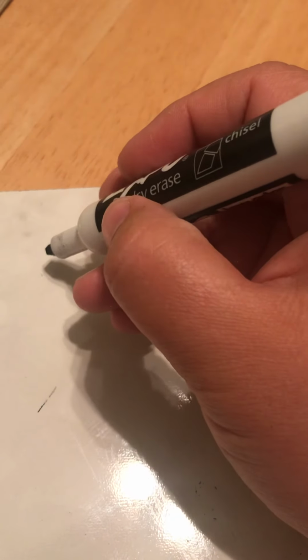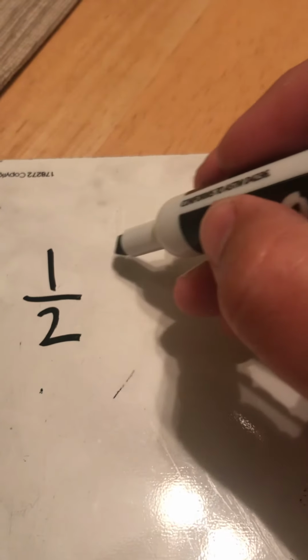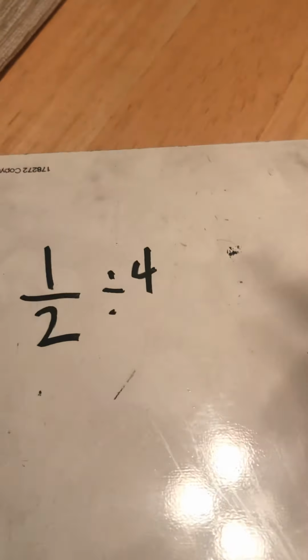So on page 475, number one, 4 friends equally share half a pizza. How much of the whole pizza does each friend get? So we have the half a pizza. So we have 1/2 divided by 4.